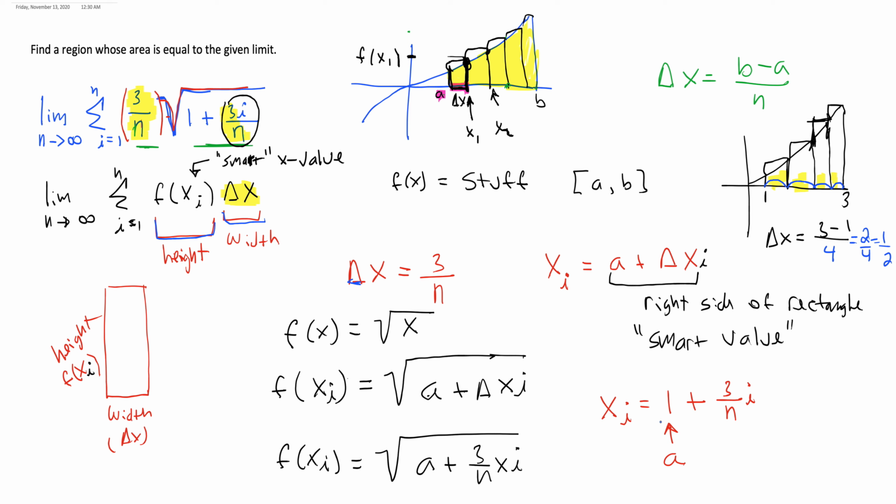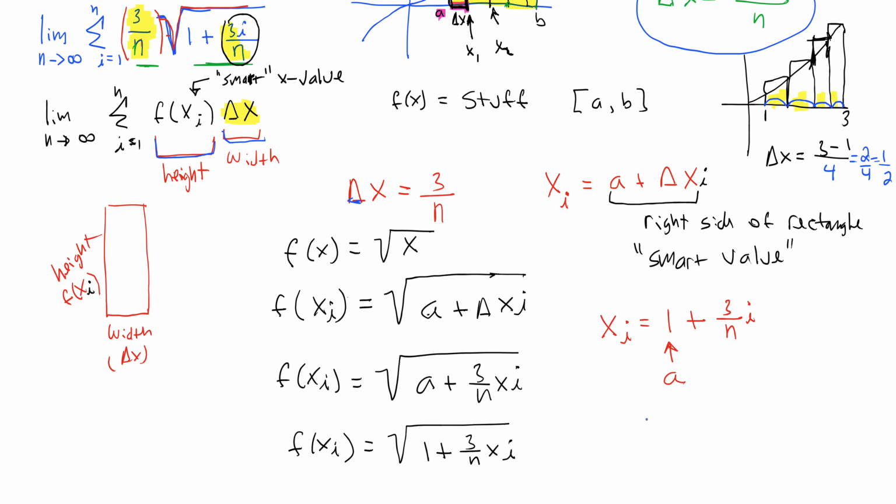All right, so we can use this formula right here to get our b down below. So we know that delta x is equal to b minus a over n. But we also know that a is equal to 1.